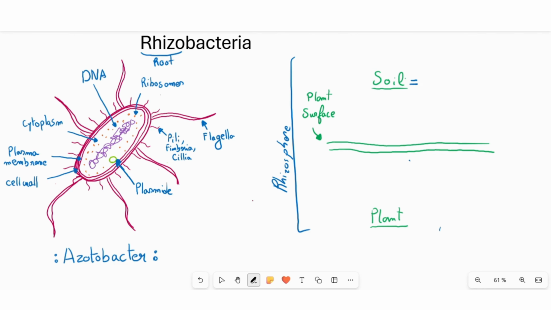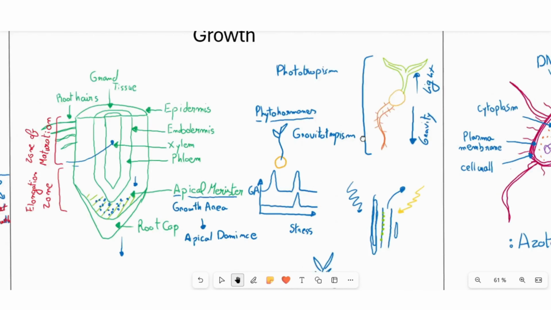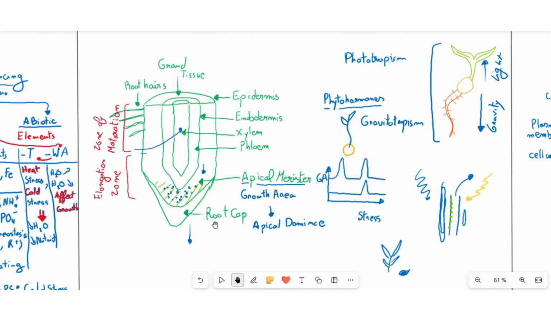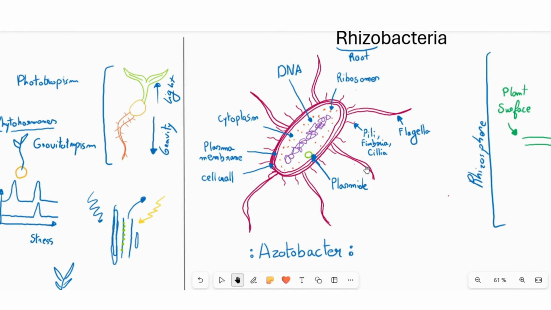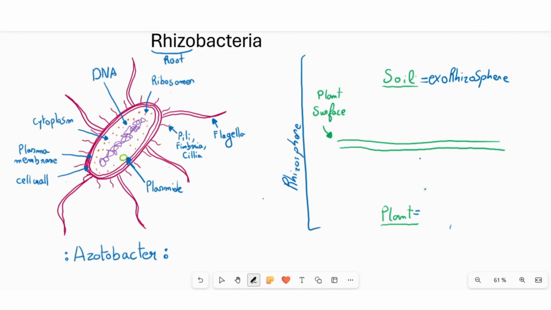The soil is what we would call the exorhizosphere. The plant or the interior parts of the plant, which would be the apical meristem, the gland tissue, etc. These parts are what you would call the endorhizosphere.